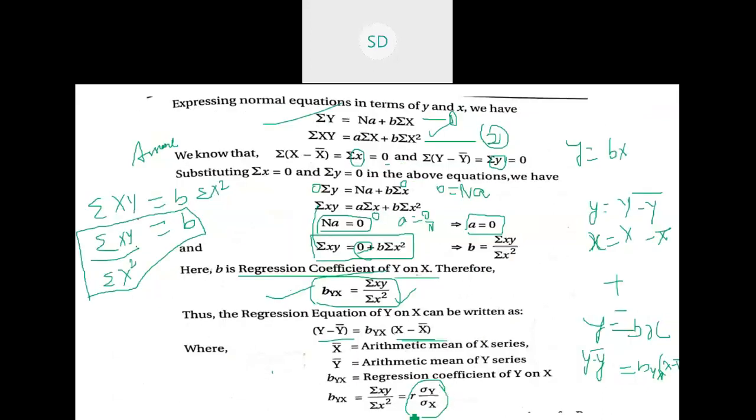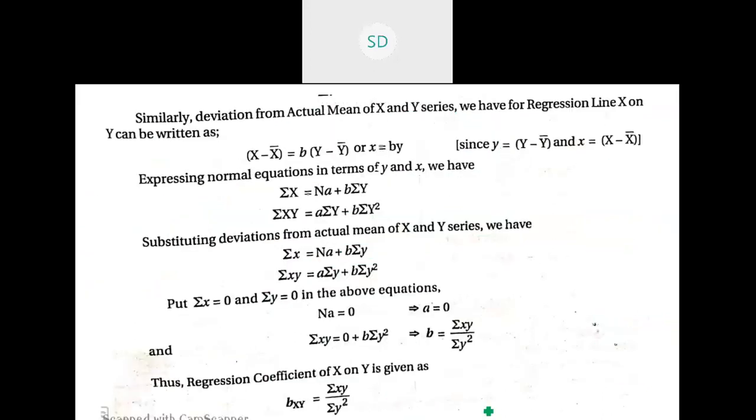Understood until here? Now, going on further, similarly, we have also derived the equation for the other series, that is the x on y regression line.